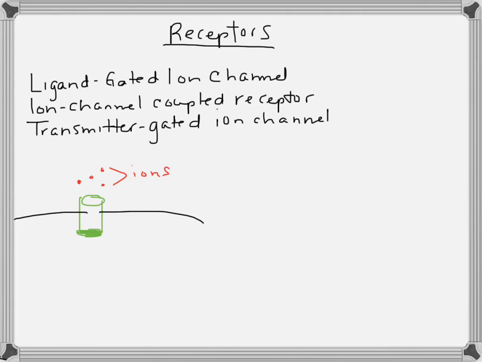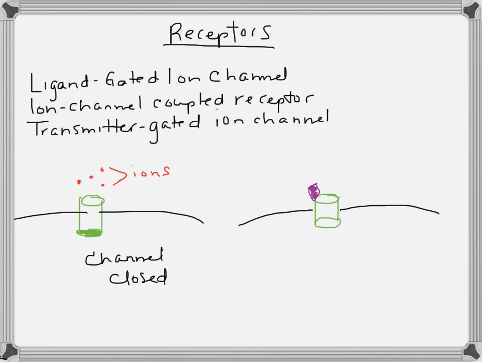So we know what an ion channel is. An ion channel is a membrane protein that allows ions to enter or exit the cell. When an ion channel is ligand-gated, that means it exists in a closed and an open state. When the ligand is not bound to the ion channel, the channel is closed and the ions cannot pass through the channel.